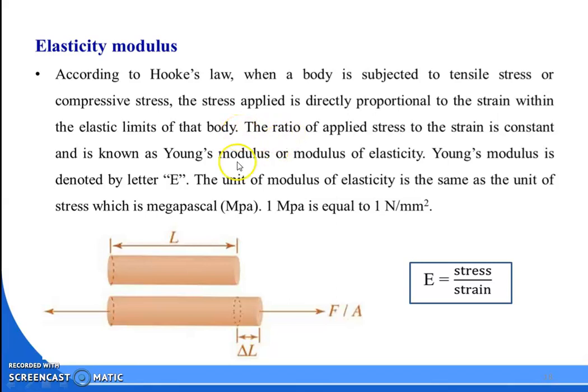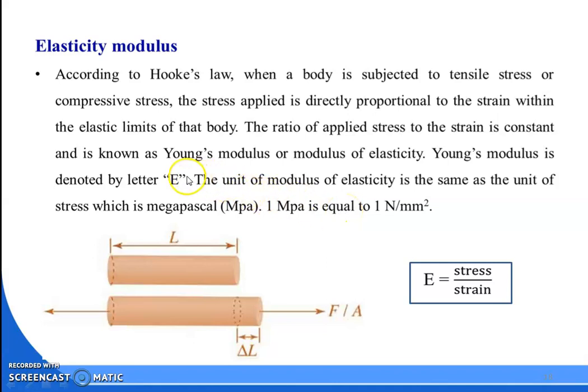The ratio of applied stress to strain is constant and is known as Young's modulus or modulus of elasticity. Young's modulus is denoted by capital E and its unit is the same as the unit of stress, that means megapascal or 1 Newton per mm square.